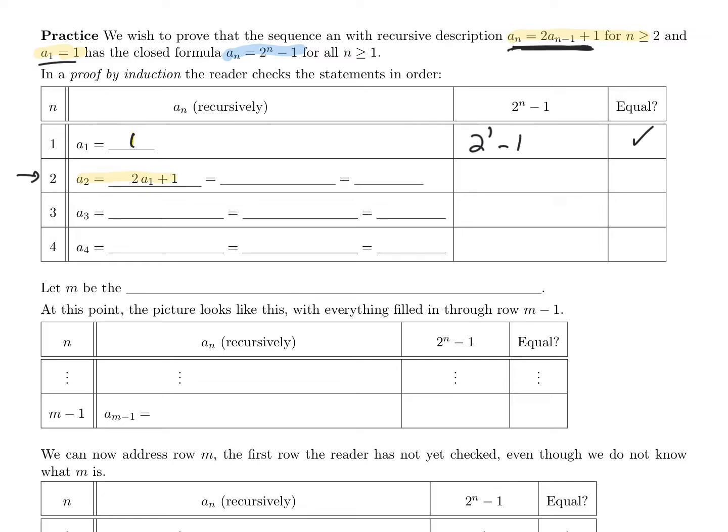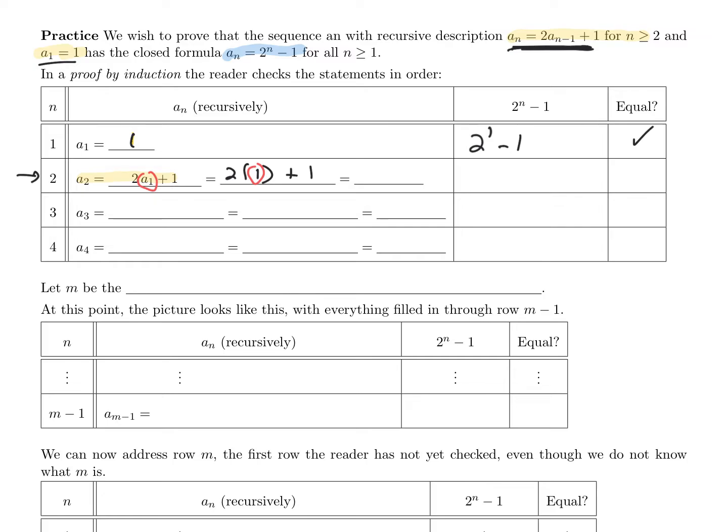And then the second equal sign I have here is telling me that I'd like to evaluate this, and the only thing I don't know from what's written there is a sub 1, but I know that because I can look up at the previous row. So a sub 1 is the same as 1. That's coming from the previous row.